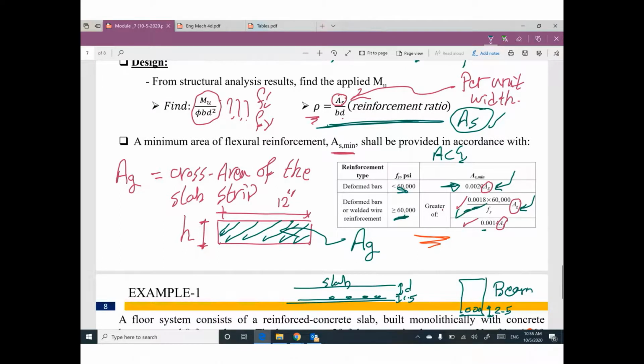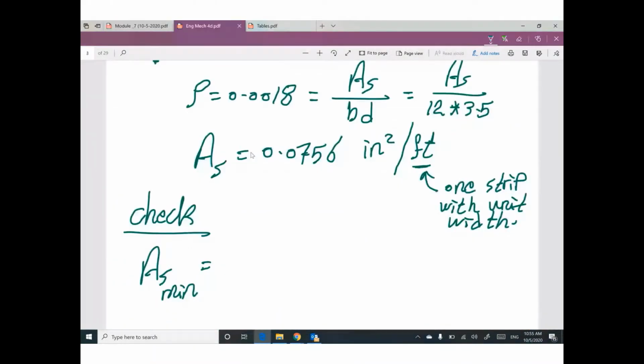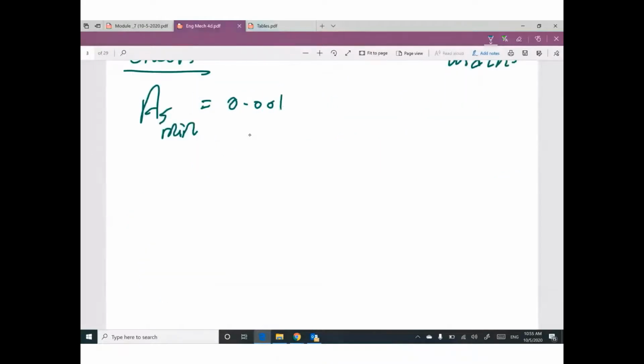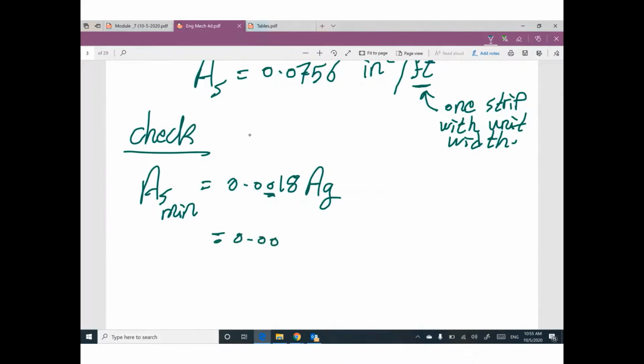So the area steel minimum, you are lucky, equals 0.0018 area gross. One of you will say, hey, it's the same value. No, it's not the same value. This is 0.0018 times area gross, which is 12-inch width times the whole thickness, 5 inch.